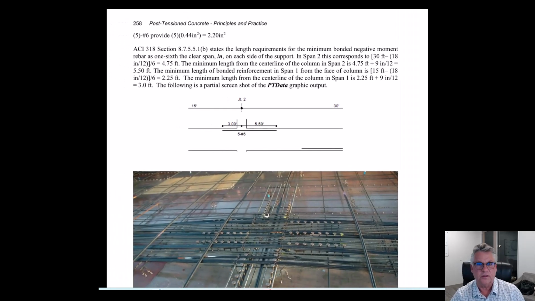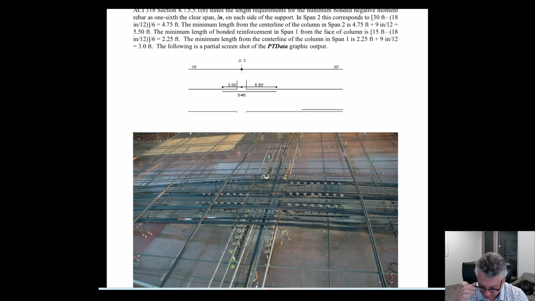So in both directions. Now, we will end up using, as you can see in this picture, in the banded direction, we're grouping all the banded tendons kind of right over the column. Those tendons are 1/2 inch diameter. It makes sense to use number 4 bars in that direction for the rebar, and that's what we do.